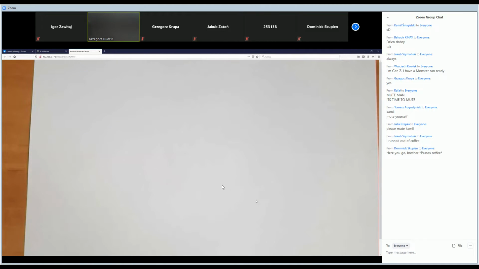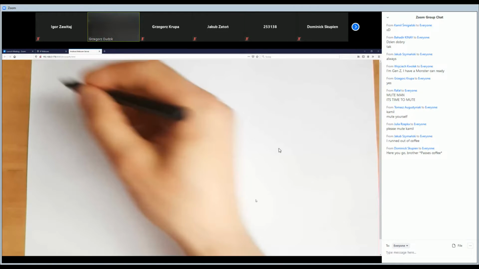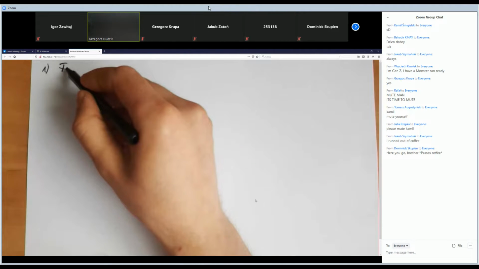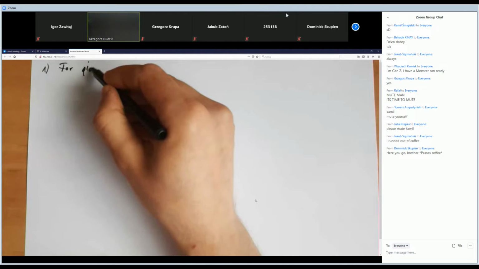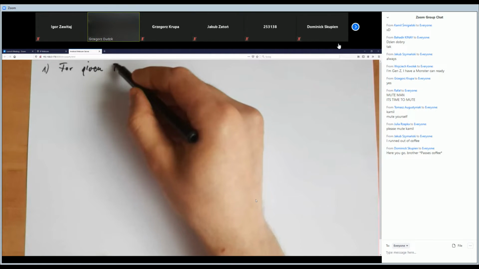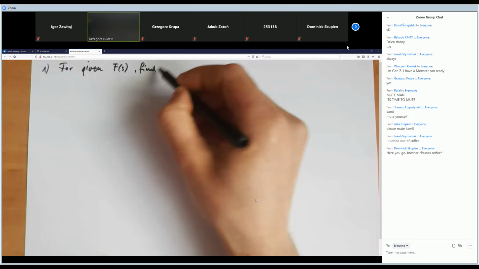And now, I just want to show you how the transformation looks for each type of function. For example, first one. Let's say that for given F(s) function, find f(t) function.